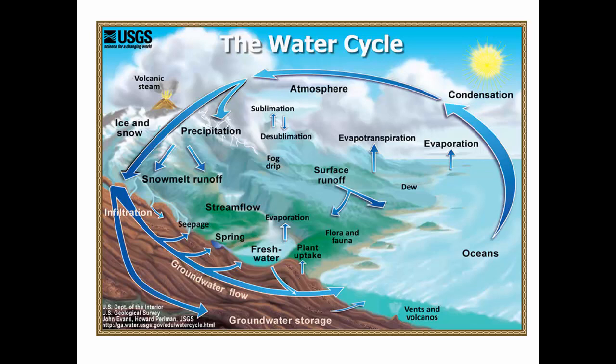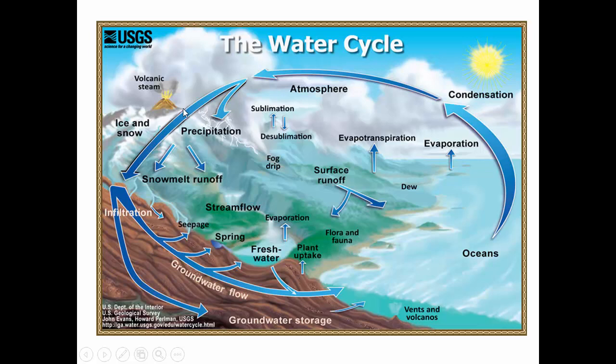Every time you breathe out, you're also losing a little bit of water. Plants do the same thing, and that's a separate process from evaporation. Evaporation is from standing water, but evapotranspiration is the process of vegetative cover losing moisture to the atmosphere.